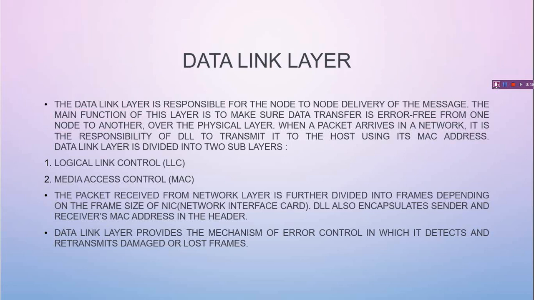And the data link layer is divided into two sublayers. The first is the logical link control, that is LLC, and the second is media access control. The packet received from the network layer is further divided into frames depending on the frame size of the NIC.